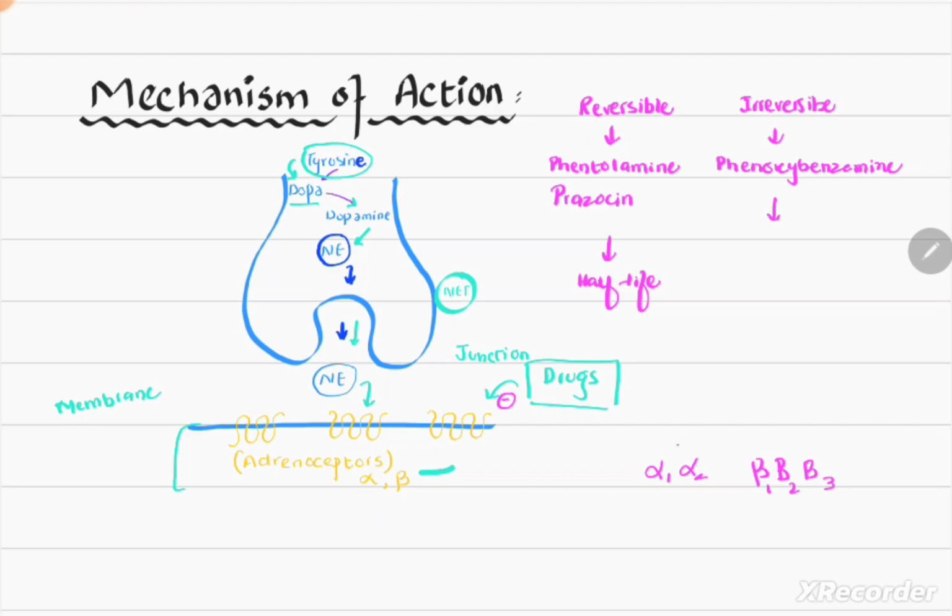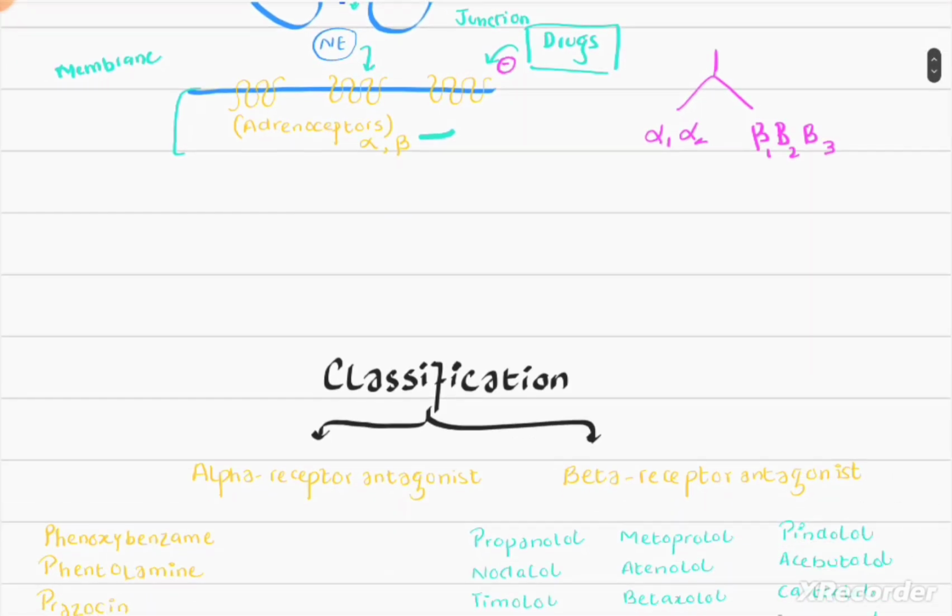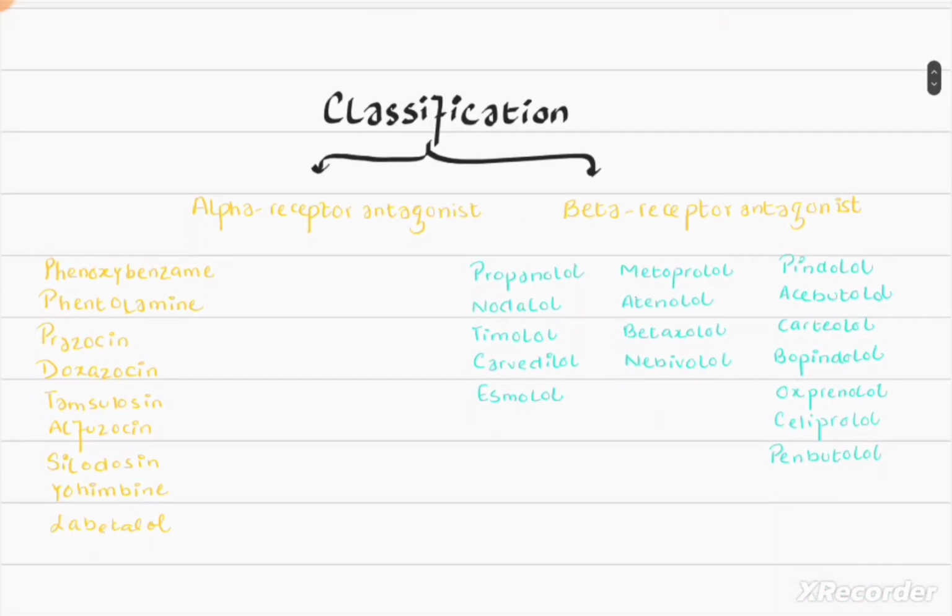Three kinds of beta receptors. In the sympathetic system we also have dopamine receptors, but we will discuss those separately. In this video, we will discuss the alpha and the beta receptors. First, we will go towards the alpha receptors.